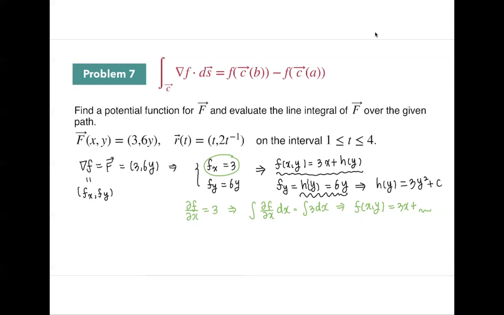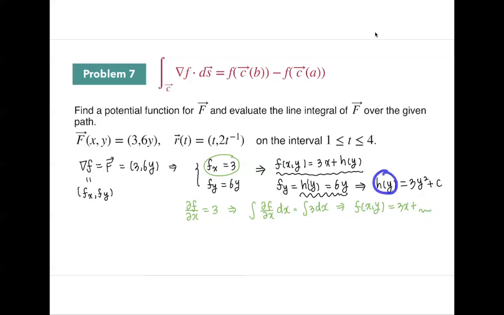Okay. Here is not a function of x because this h is only a function of y, so we do not need to say that it is a function of x. Actually, in this case, it was a function of x and y. We had to find two variables, so there must be a term of y here.